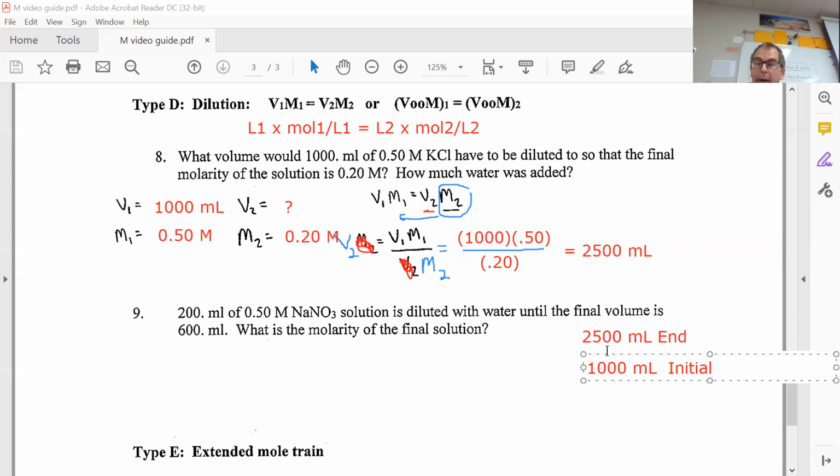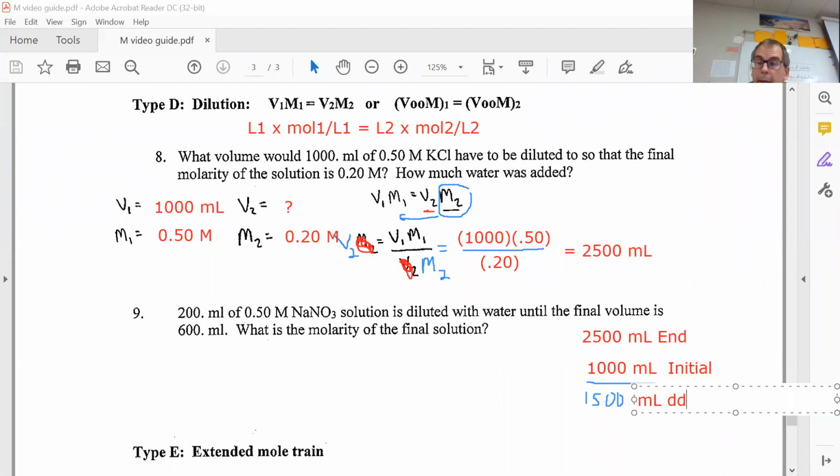So how much did I add? Well, to go from 1,000 to 2,500, I must have added the difference between the two. If I subtract to get the difference, my amount added would be 1,500 milliliters.